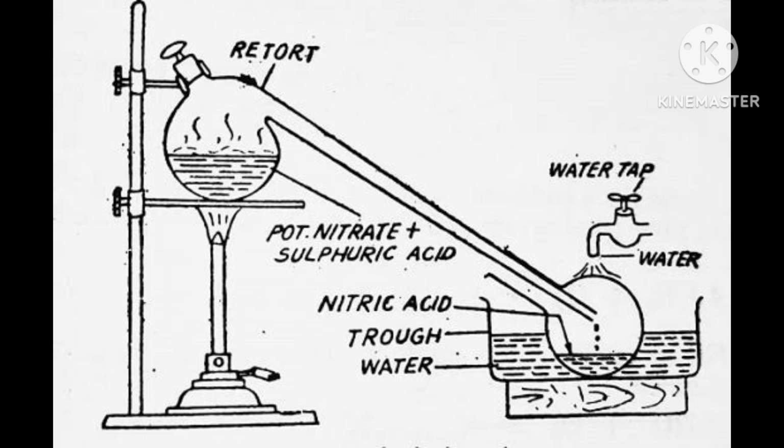Now other reactions. Some metals, for example chromium, aluminum, etc., do not dissolve in concentrated nitric acid. Remember this. All the reactions I discuss are asked in examination, so you should be very careful in writing the reactions and the products.